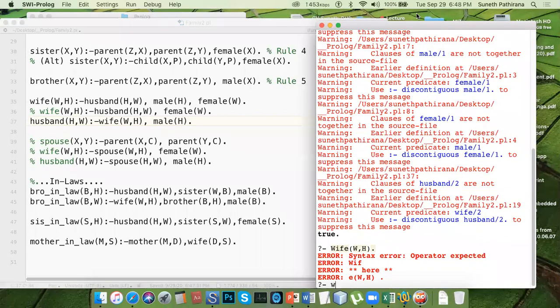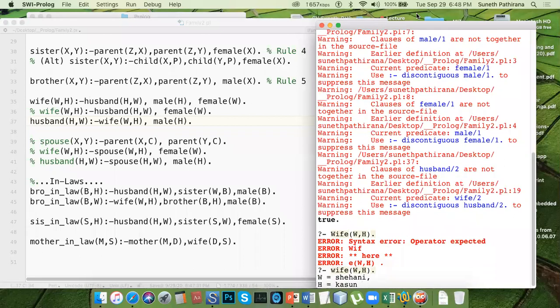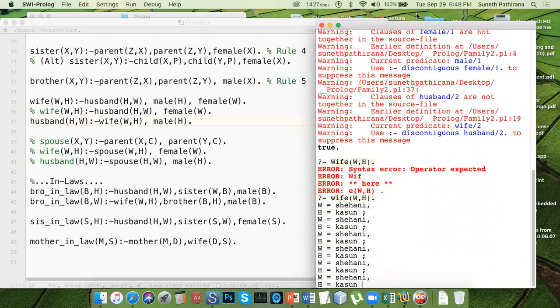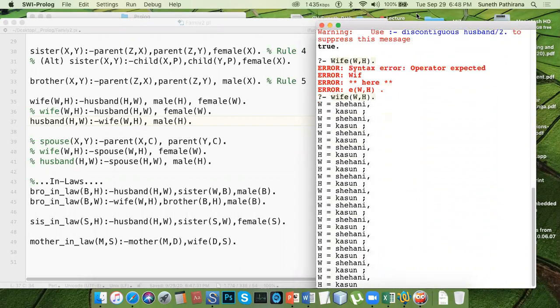I have used capital W, not simple W. Wife, Shehani Kasun. Shehani Kasun. Shehani Kasun.